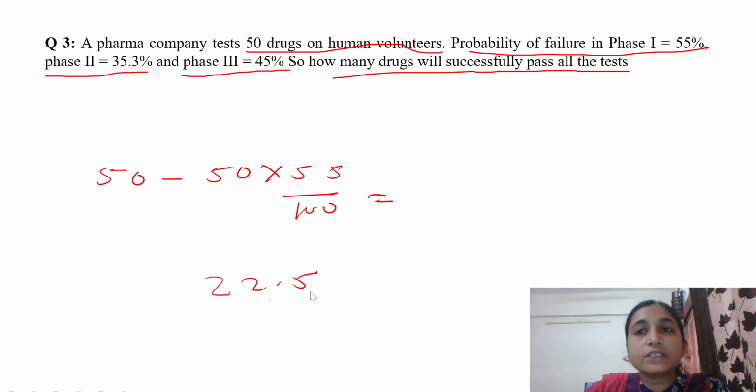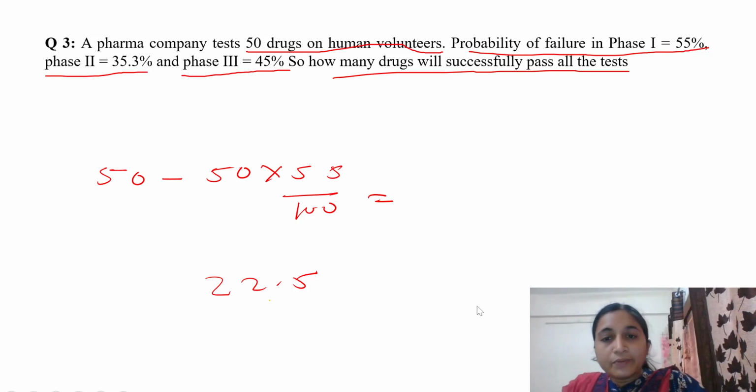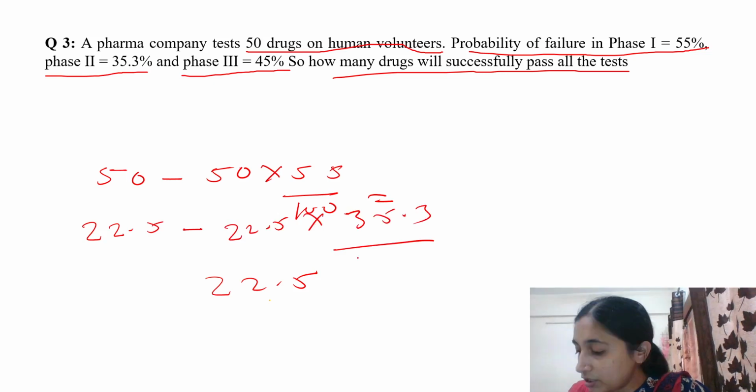In the phase 2 study, again the probability of failure is 35.3%. So again we will calculate how many drugs have passed phase 2. Similarly, 22.5 minus 22.5 into 35.3 upon 100.